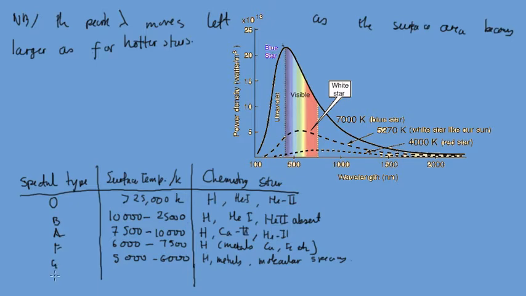A K star is 3,500 to 5,000 Kelvin. Hydrogen's pretty much gone now, and now you've got your metals and other molecules. An M star is less than 3,500, and you've got metals again and other molecules.